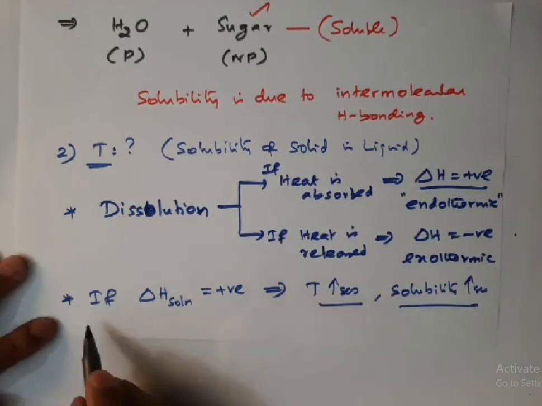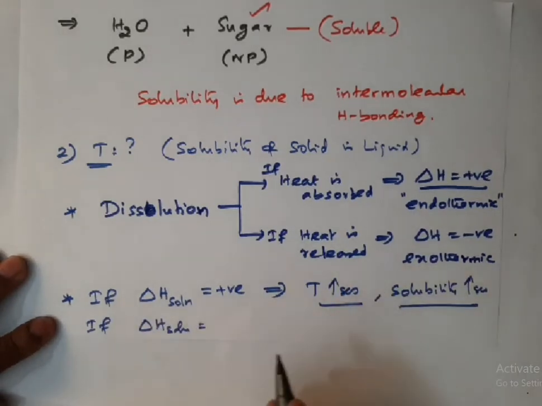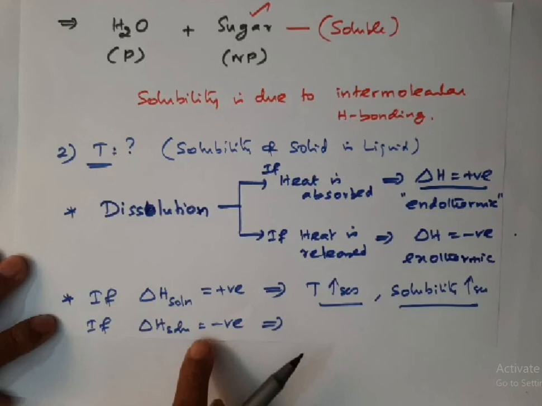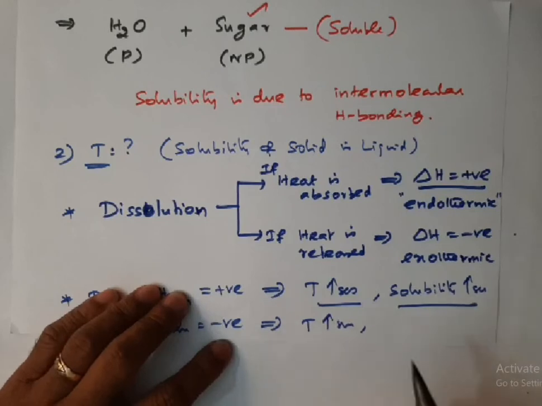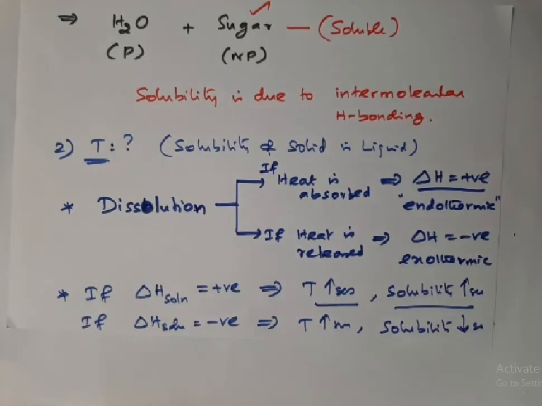Instead, if delta H for dissolution is negative, it means heat is released. In this case, if temperature increases, solubility decreases.